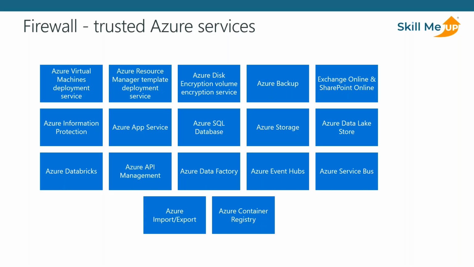And one thing that's actually missing here is Azure DevOps hosted pools. So if you are building or deploying your services from Azure DevOps and you're using the Microsoft-managed build agents or deployment agents, those IP addresses are not part of these trusted Azure services.